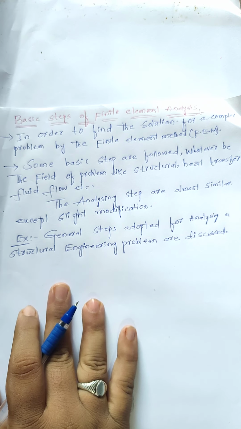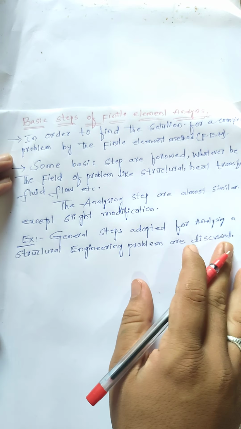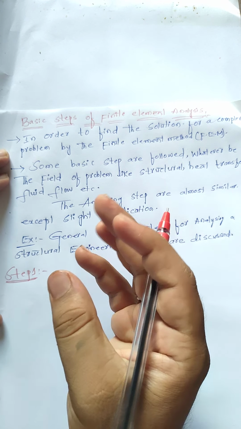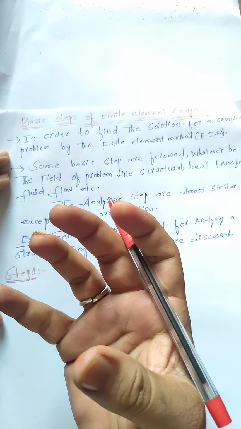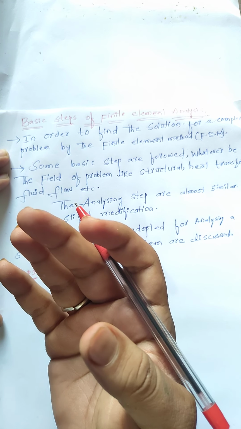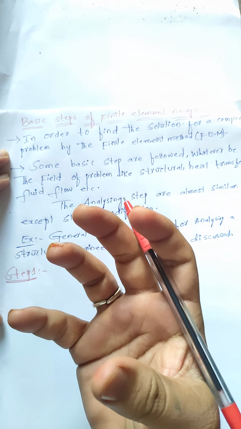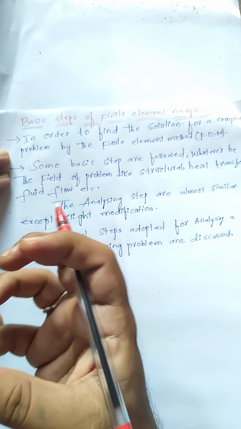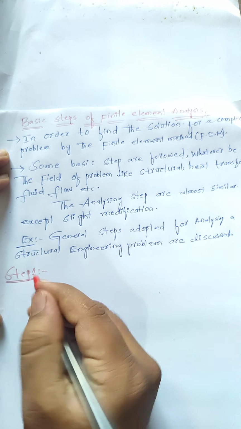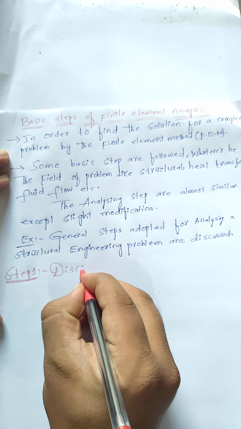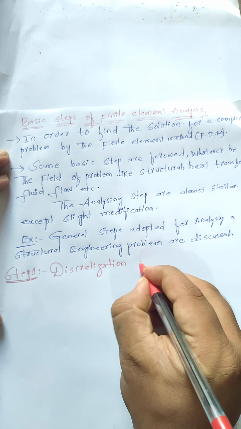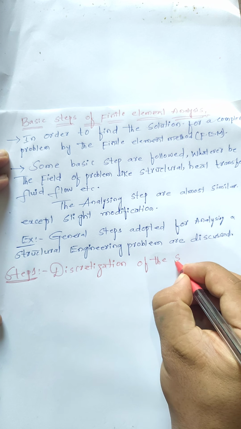The first step, step number 1. So what is the first step here? Discretization of the structure. So what is the meaning of discretization? Discretization is nothing but dividing the whole complex structure into smaller parts. So what is the first step? Discretization of the structure.